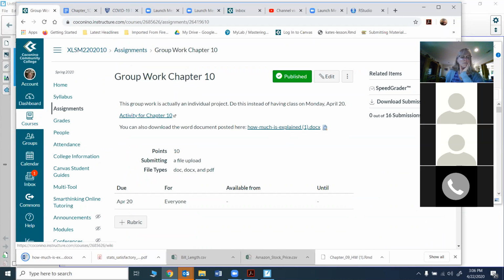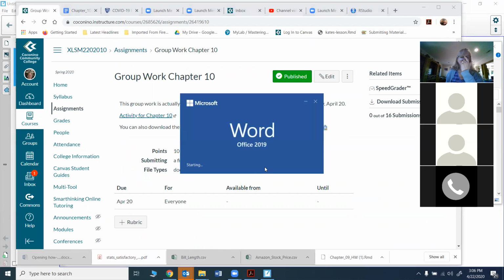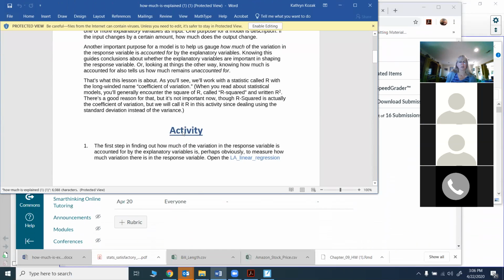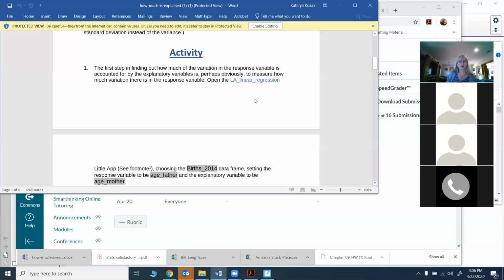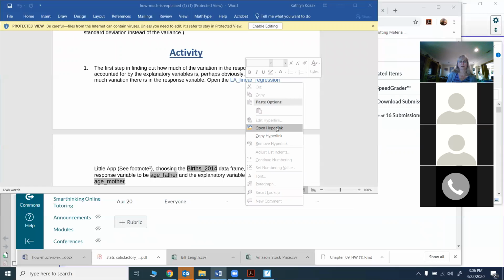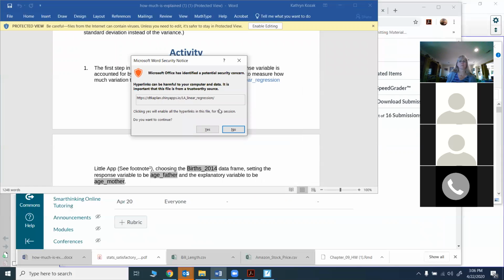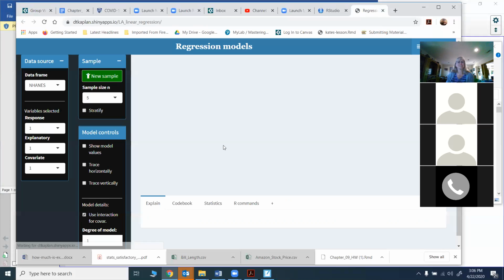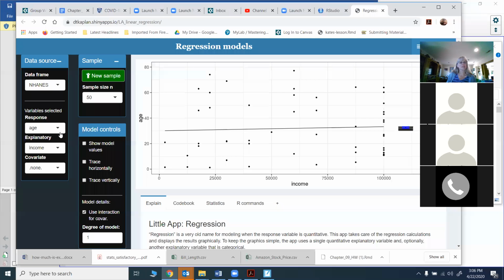Let's talk about what that actually is and what it does for us. So in that, it had you open this little app. Okay. All right. So in this, this one was looking at age and income.